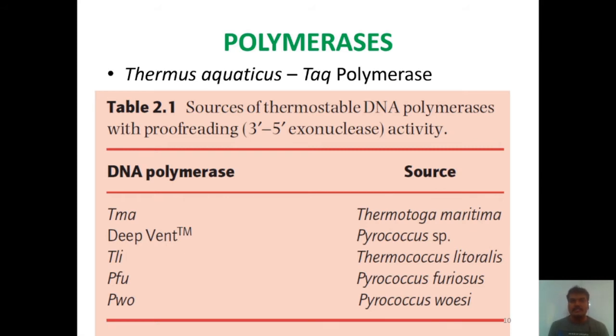In addition to Taq polymerase, other polymerases are sometimes used in these reactions. Examples are Tma polymerase, Pfu polymerase, and Deep Vent polymerase. These polymerases are isolated from different organisms, for example Thermotoga maritima, Pyrococcus furiosus or Pyrococcus species.